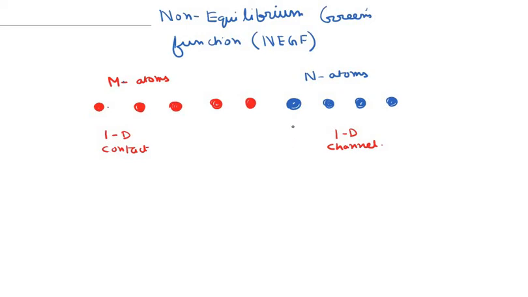Now what we do here is that we first assume that this contact is actually in quasi equilibrium. Let us go to the assumptions later because this is not important right now.